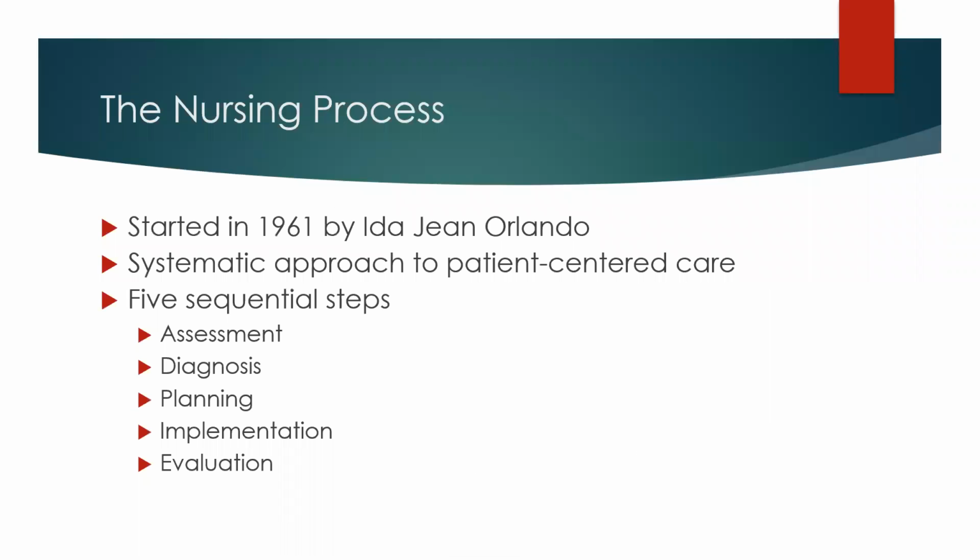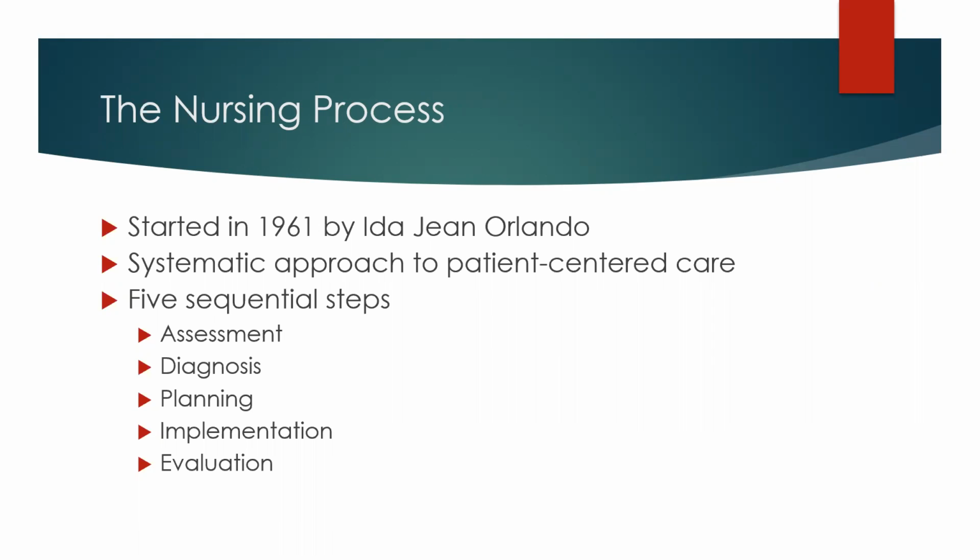Let's talk about the nursing process, something you, the clinical RN, are a little bit more familiar with. Now, as you know, there are multiple theories around the nursing process. The one that we're going to focus on is the work in 1961 by Ida Jean Orlando. She was a psychiatric nurse who believed in the systematic approach needed for patient-centered care.